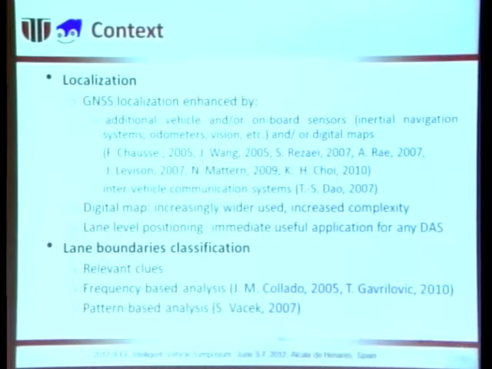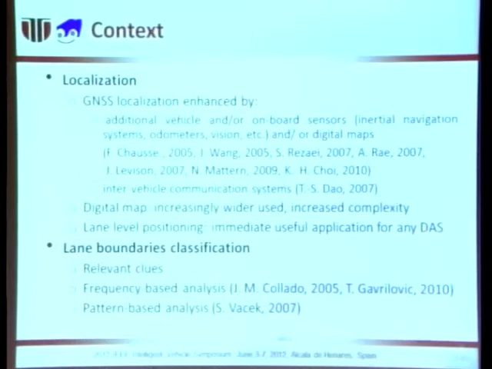This solution has been enhanced by the addition of vehicle onboard sensors, such as inertial navigation system, odometers, vision, and others. Also, an important aspect added for localization is the use of digital maps that have been developed and extended so they become more complex and contain detailed environment information. Also, inter-vehicle communication can aid in localization.